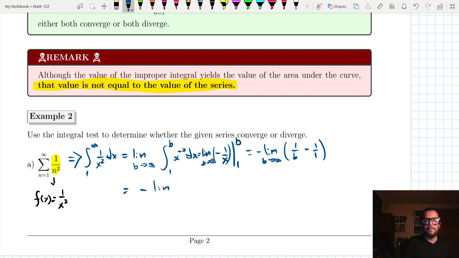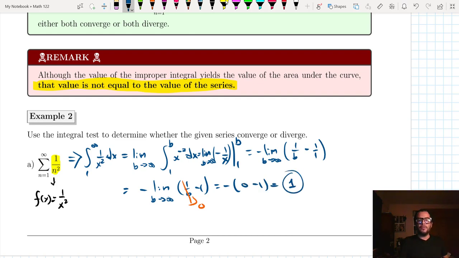Negative limit as b approaches infinity of 1 over b minus 1. But look what is going to happen. If I plug in infinity, all I get is a 0 for the first term, leaving us with the negative in front, and 0 minus 1, which will be a positive 1. Okay, so conclusion: the integral converges.